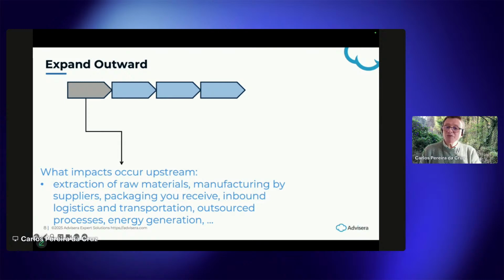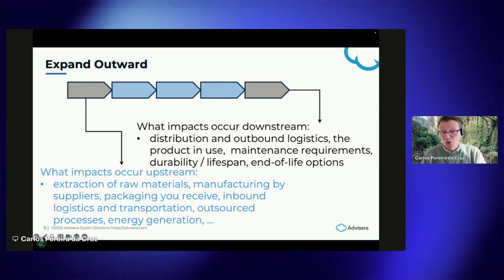Okay. Now, downstream, expand to what happens after your processes. Ask what environmental impacts occur because of what we deliver to customers. So consider things like distribution and outbound logistics, the product in use, so energy use, waste generation, chemicals, maintenance requirements, durability, lifespan, end of life options, so recycling, landfill, repurposing.